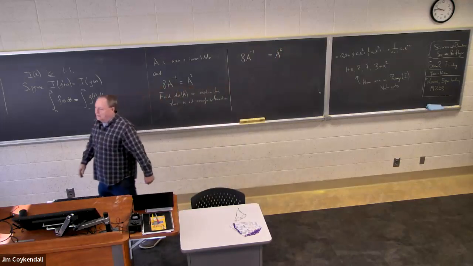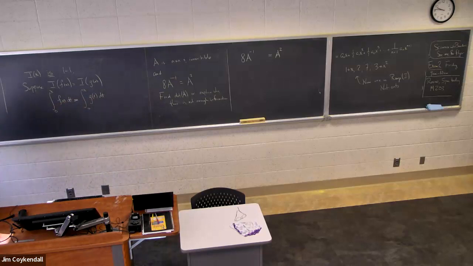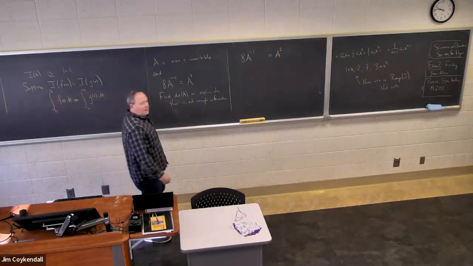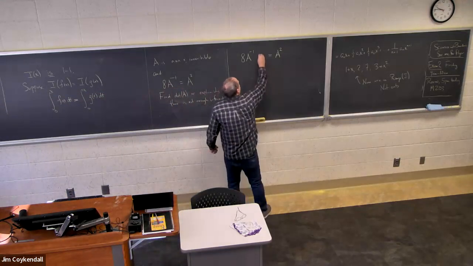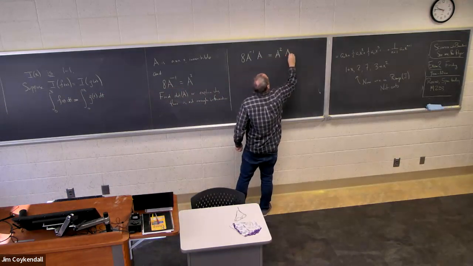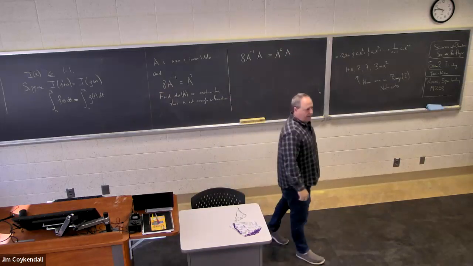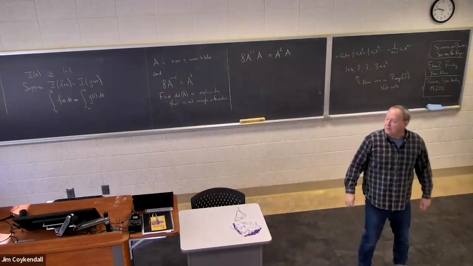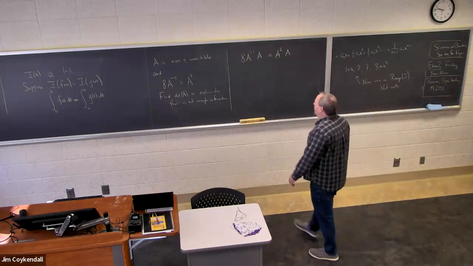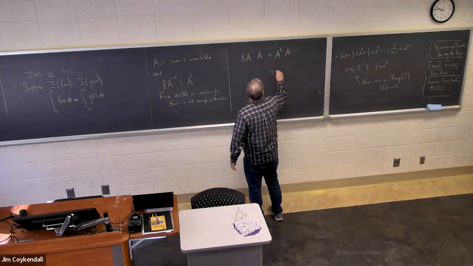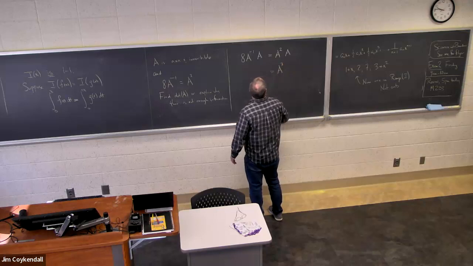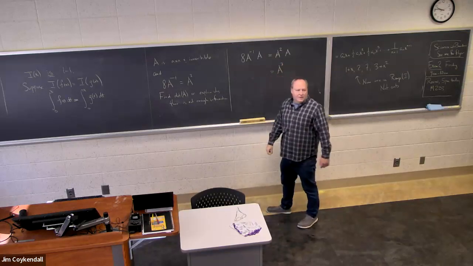Well, let's do that. And the way that we get it over to the other side, so to speak, is let's multiply on the right by A. Right, okay. Now, what I have on the right side is A cubed. What do I have on the left?